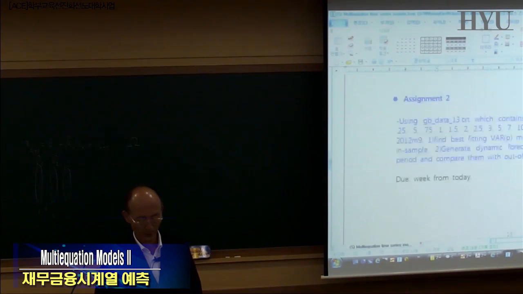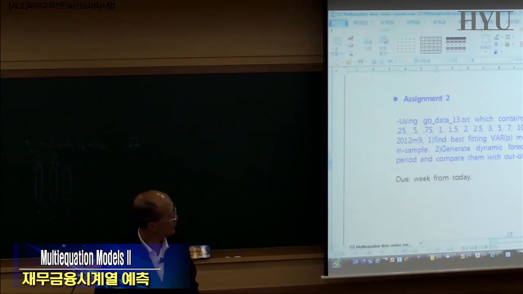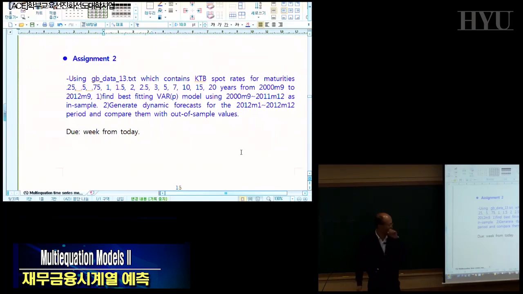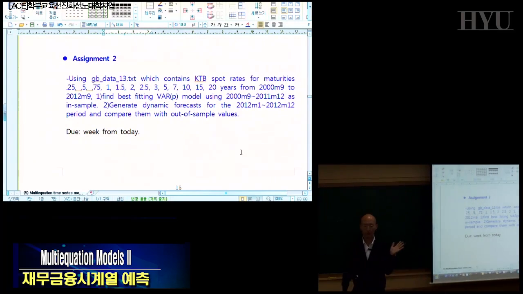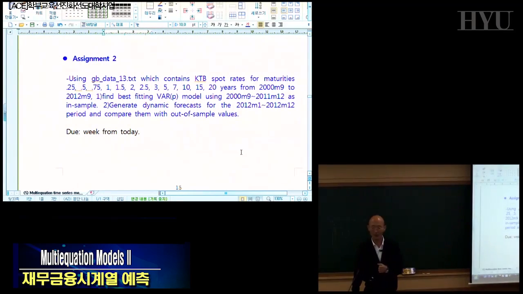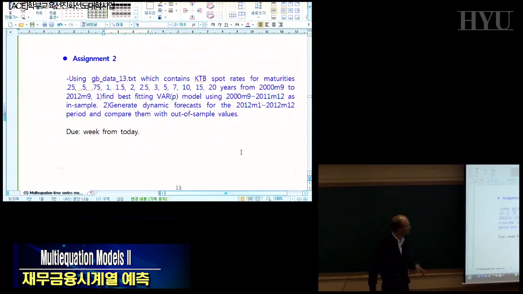This is assignment 2. There is a part 2 of this assignment later. And this lecture note is slightly updated, revised this morning, so you may want to download the later version of lecture note 5.